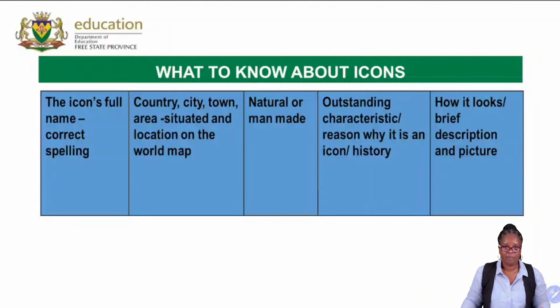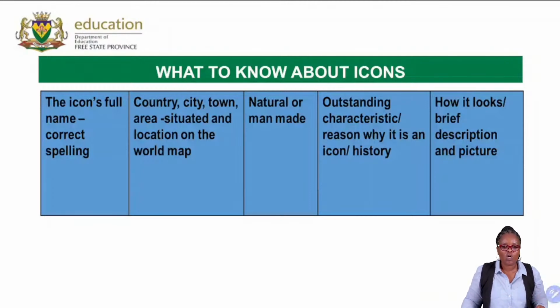Not forgetting, from all of it, this is what we've done last week. From that, you need to know if this attraction is successful or not. Remember, we talked about the factors that made an icon to be regarded as successful. So looking at the attraction, the icon, you need to know if it is successful or not.